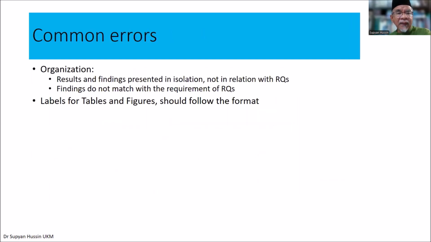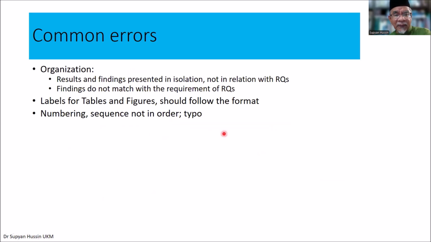These are the common errors you have to give attention to, because sometimes when you present your chapter 4, you may find that your results are presented in isolation and not according to the research question. Findings sometimes do not match the requirement of the research question.